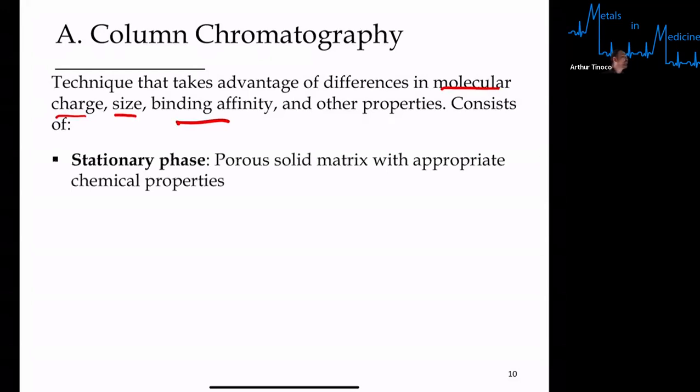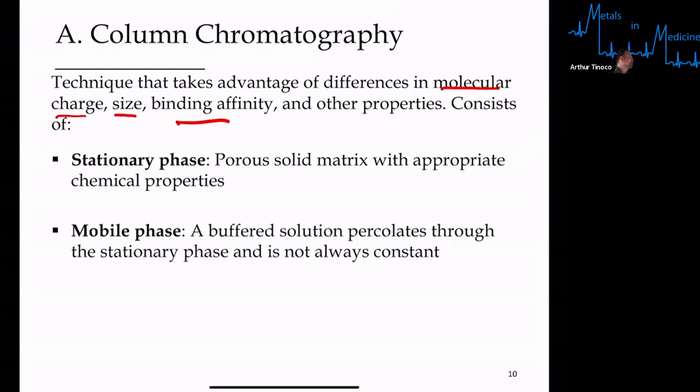All right, so when we're thinking about chromatography in the context of column chromatography, well, we'll break this out into the phases, where one phase is a stationary phase. And so classically, a stationary phase would be something that is a solid matrix that is porous and has appropriate chemical properties for capturing something that we want to be able to isolate. Now that is in contrast to the mobile phase.